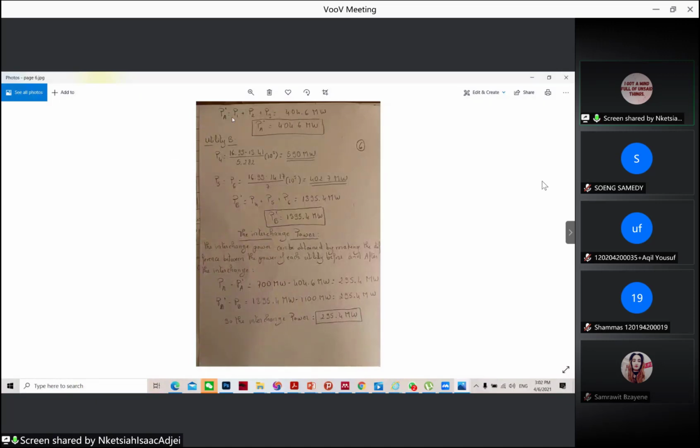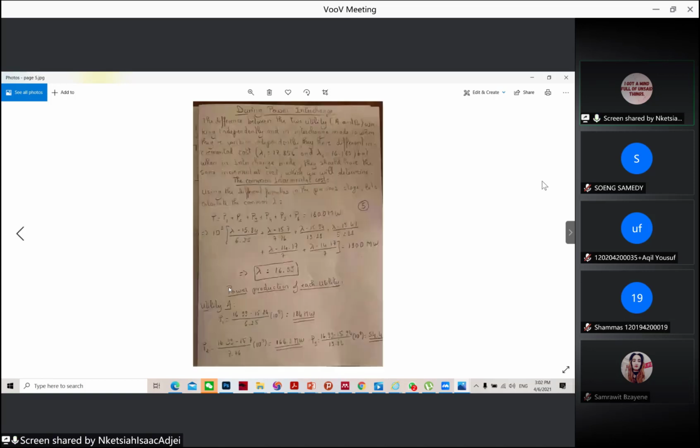So during the first prime, during the interconnected P1, P2, P3, looking at the calculations here, we have P1 giving us 18.4 megawatts, P2 giving us 166.2 megawatts, and P3 giving us 54.4 megawatts.